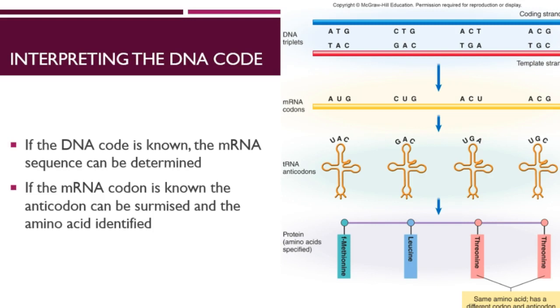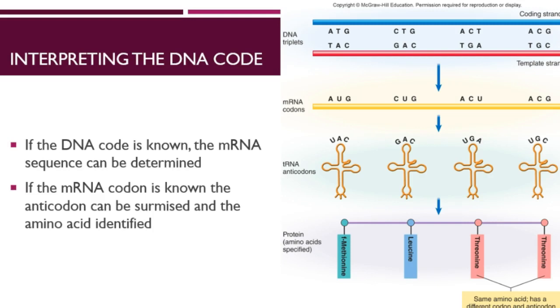AUG is the codon match of the amino acid fMet, formylmethionine. The anticodon is the complementary codon or the complementary sequence.